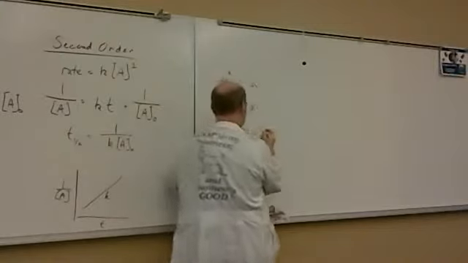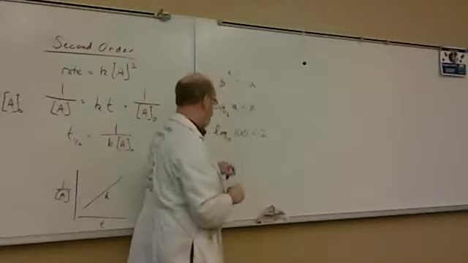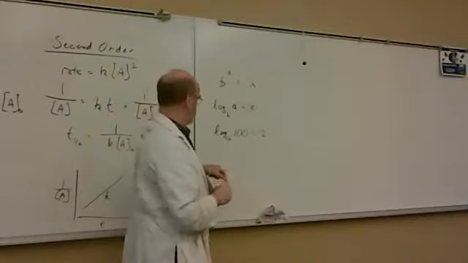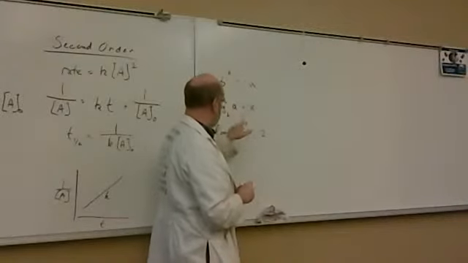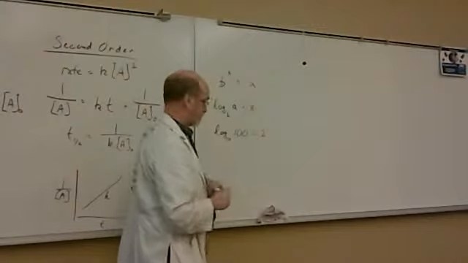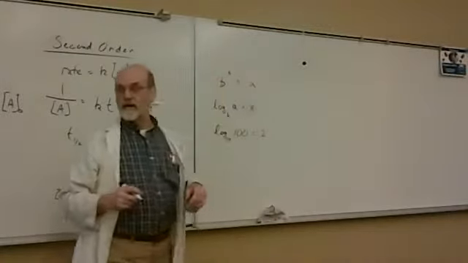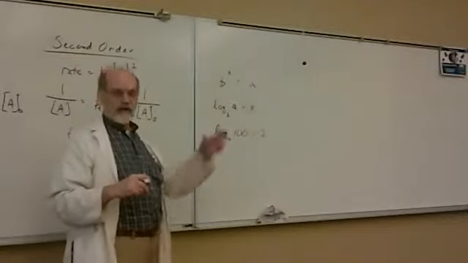The exponent. Yes. 10 to the second power is 100. So B to the X power is A. Common logs are usually base 10, yes, that's why I chose B.